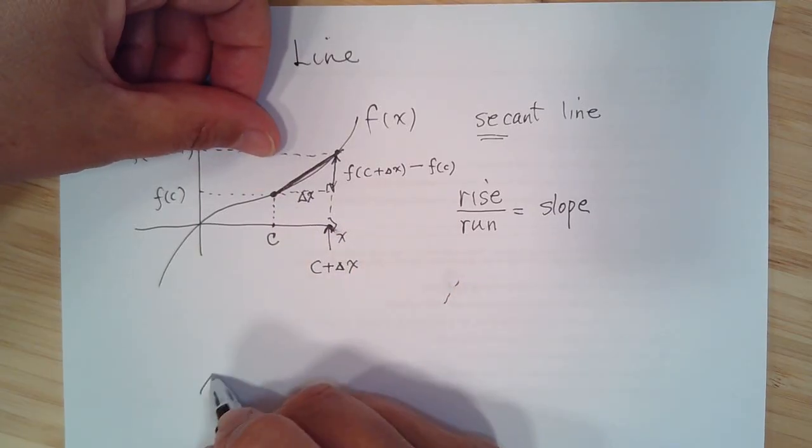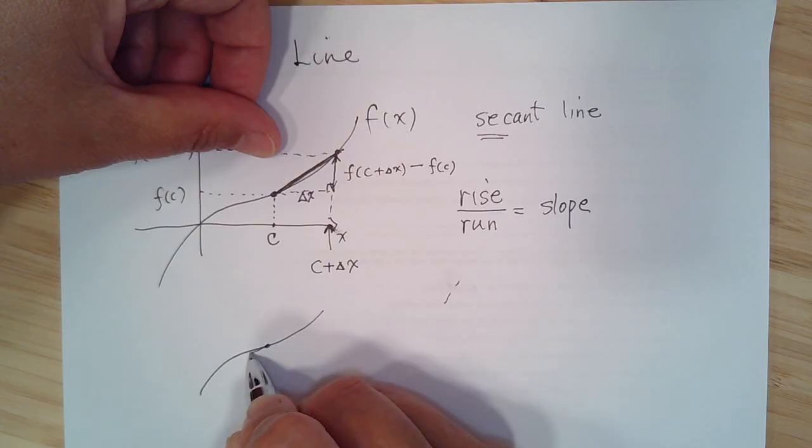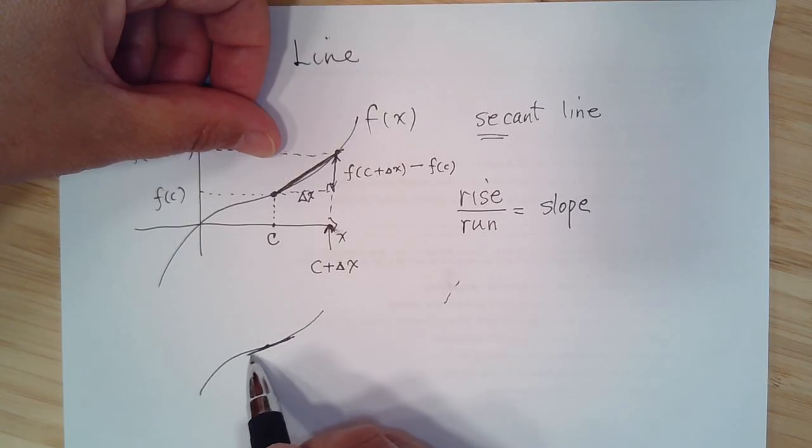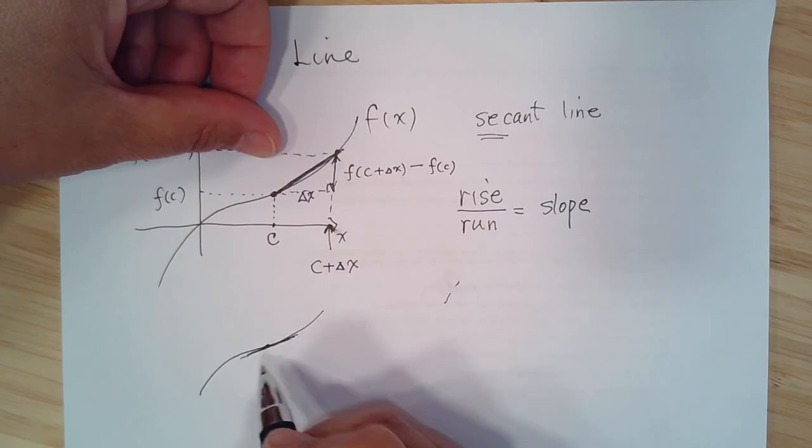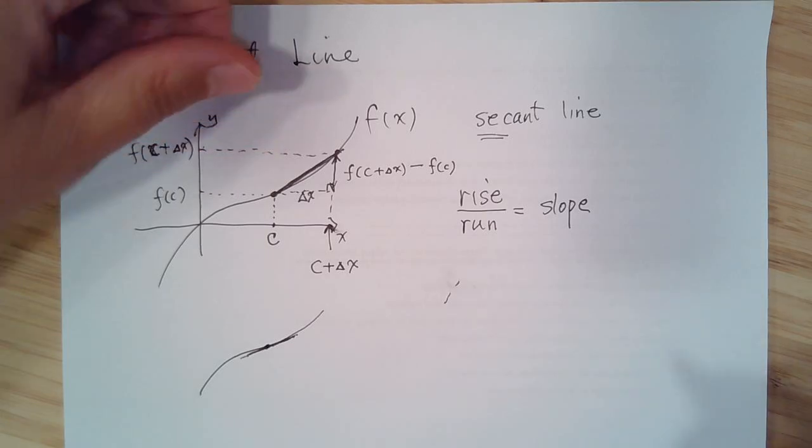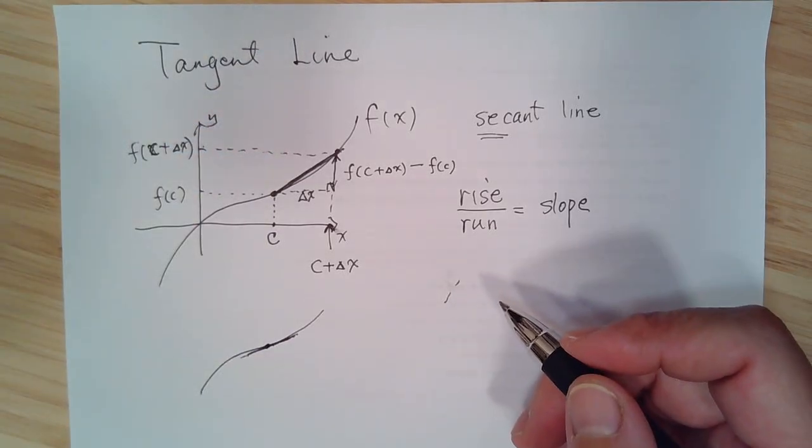What do you have? You're going to have something that looks like this, because this is a tangent line, because these two points are really close together.